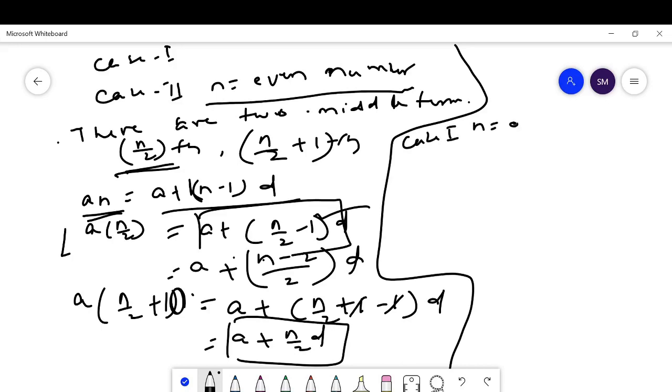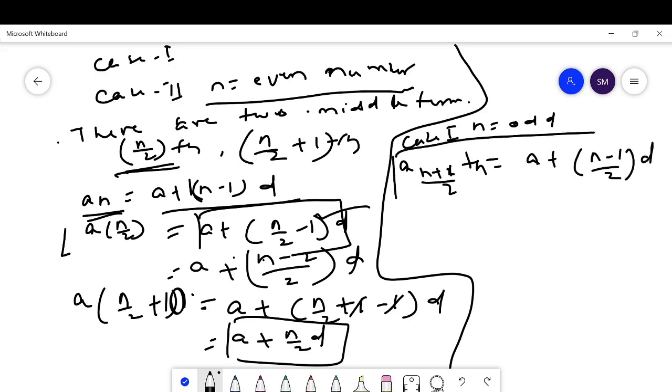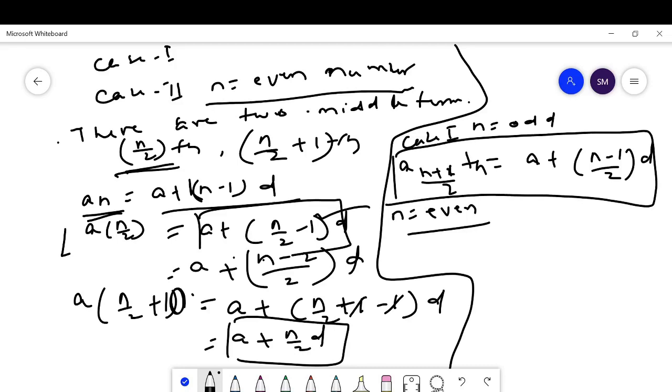When n is an odd number, the middle term is the n plus 1 upon 2 th term, which is written as a plus n minus 1 upon 2 into d. Case 2, when n is an even number, there are two middle terms.